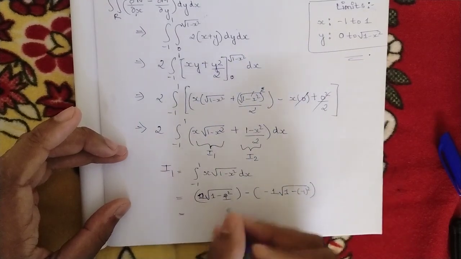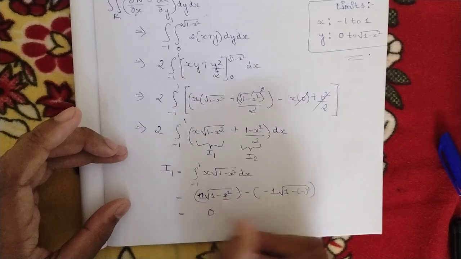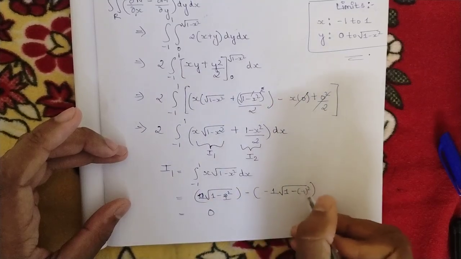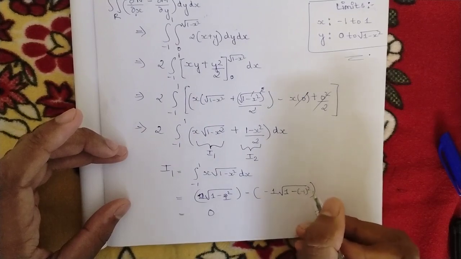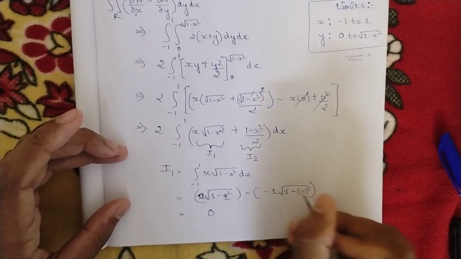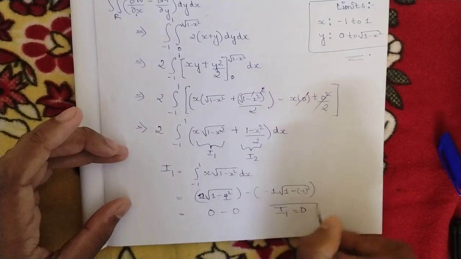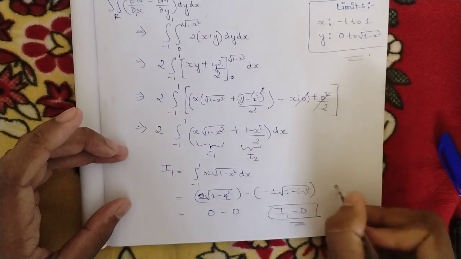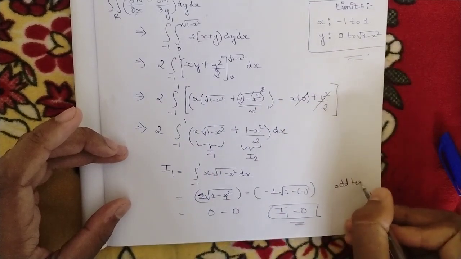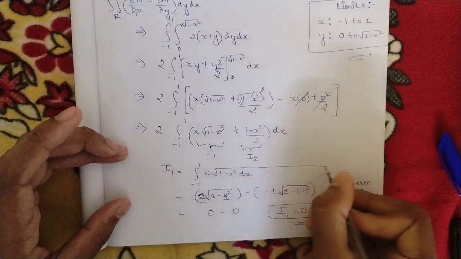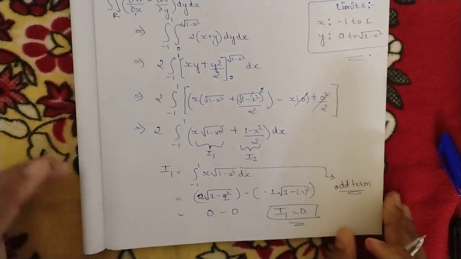That is 1 minus 1, the square root of 0, so we would be getting 0, and here also the square root of 1 minus the square of minus 1 is 1 minus 1, so you will be getting again 0. So the final answer is I1 is equal to 0, because it is an odd term.